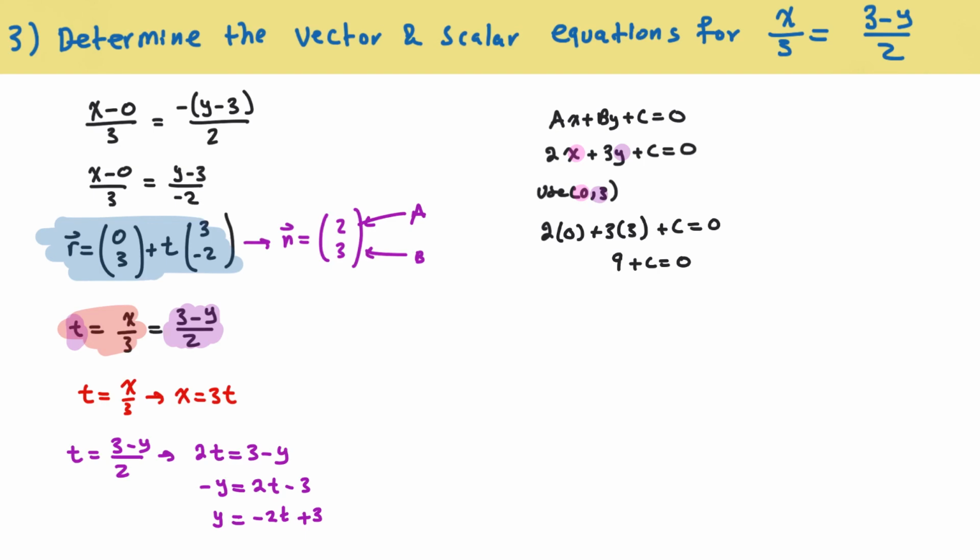And we're going to subtract 9 from both sides to get c is equal to negative 9. Once we have this, the scalar equation becomes 2x plus 3y minus 9 is equal to 0. And that is our final answer here.